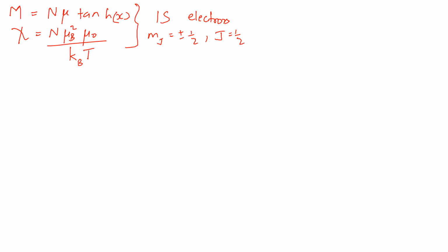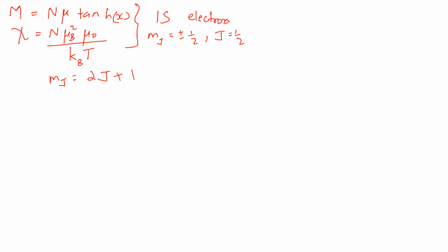But in the general case, for any electron system, mj has 2j plus 1 values, 2j plus 1 energy levels.